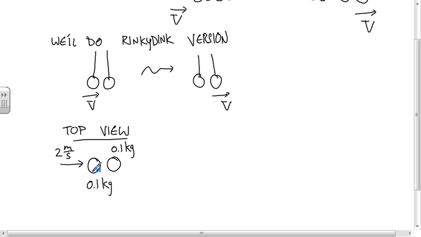Okay, so how do we want the coordinate system? So X that way, then Y has to be that way.